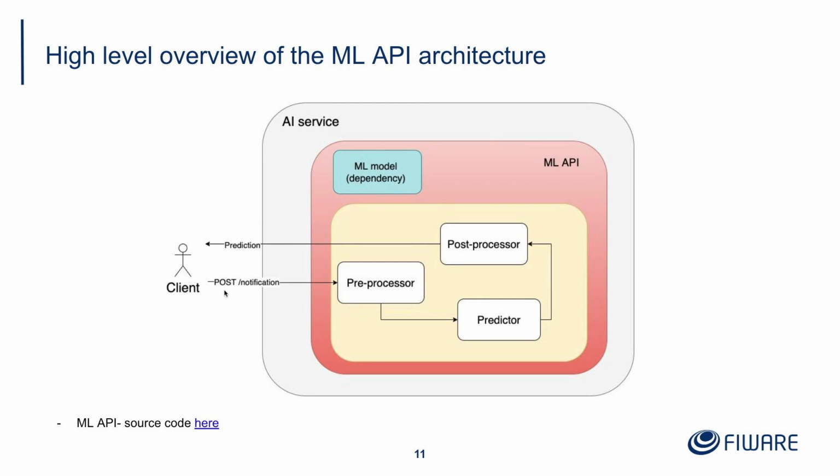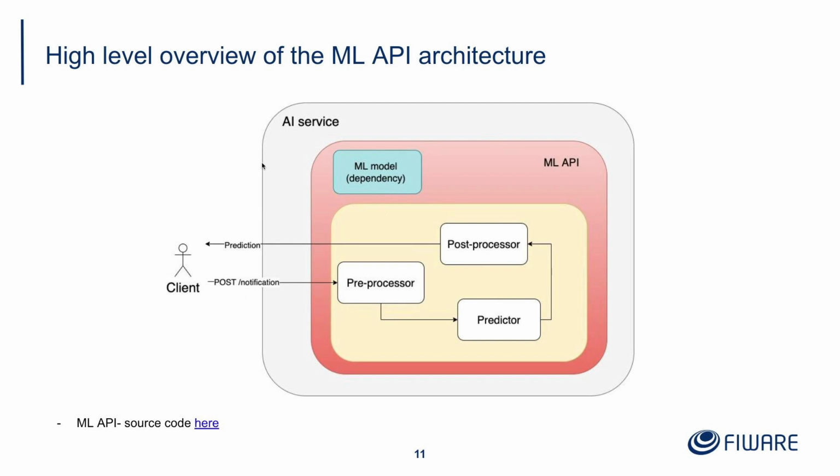Our client will do a POST request on our notification endpoint, and that's going to start a pre-processing phase, and then a prediction, and then we're going to do the post-processing to get the results. And in our ML API, our ML model package is included as a dependency.